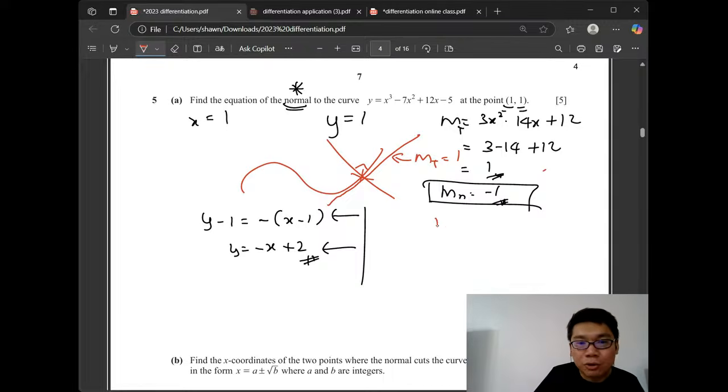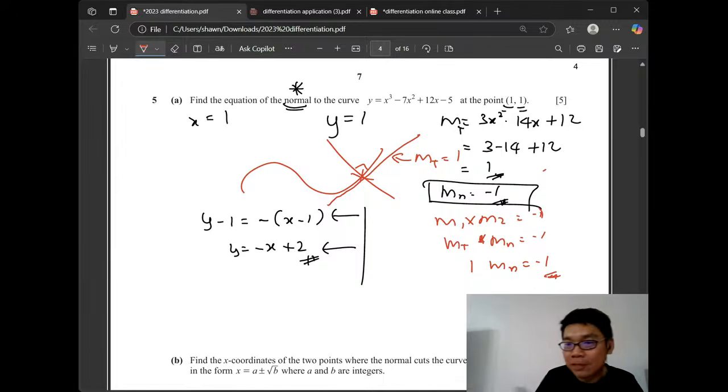That's why we must use m1 times m2 equals minus 1. Since my gradient for tangent is 1, my gradient of normal would be minus 1. We must remember to use m1 m2 equals minus 1 when normal. That's why I say put a star here, because if you forget this step, it will affect a lot.